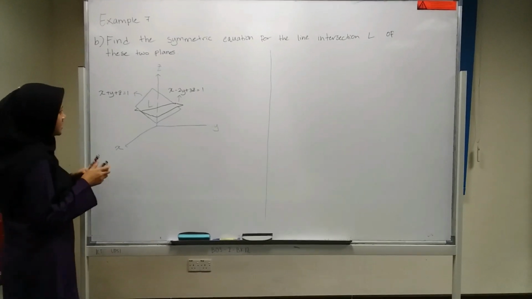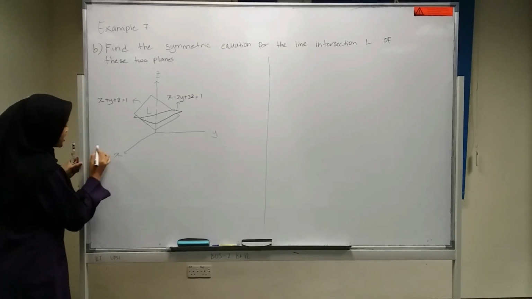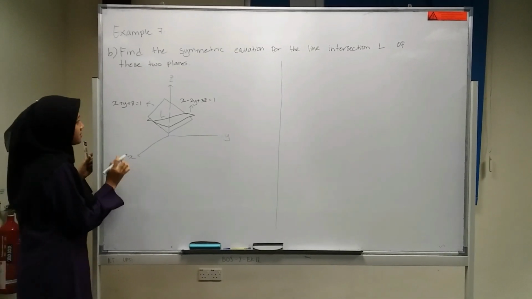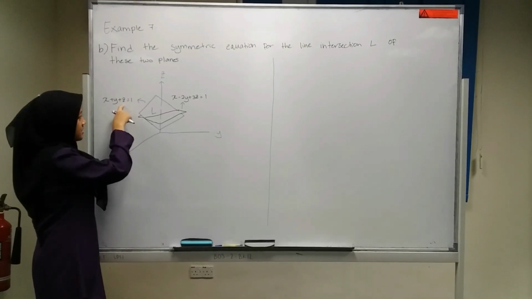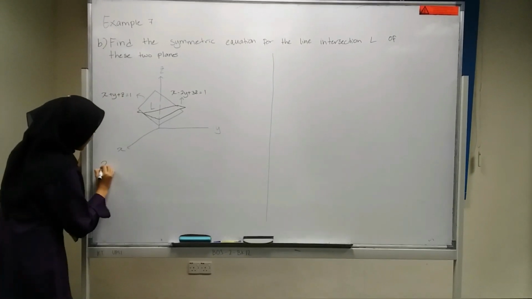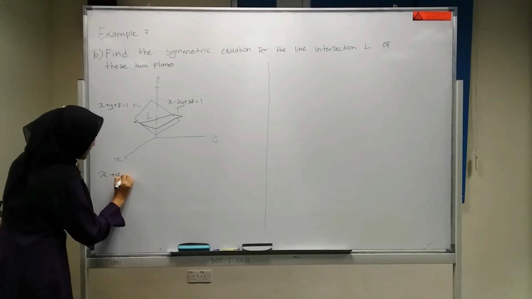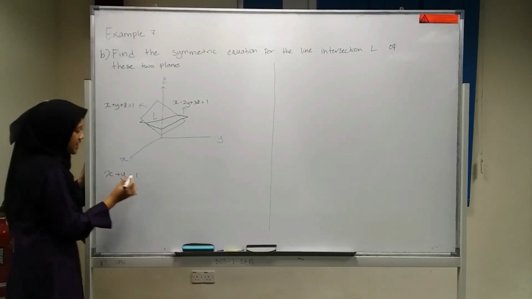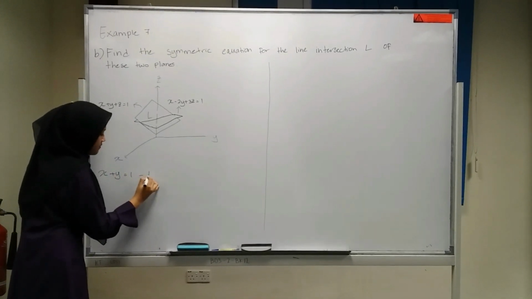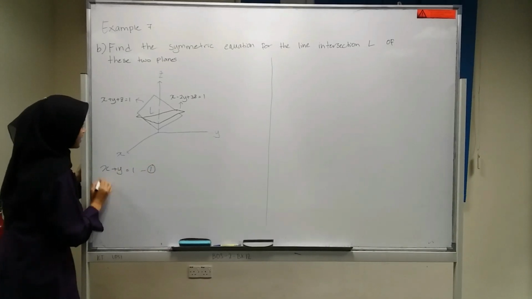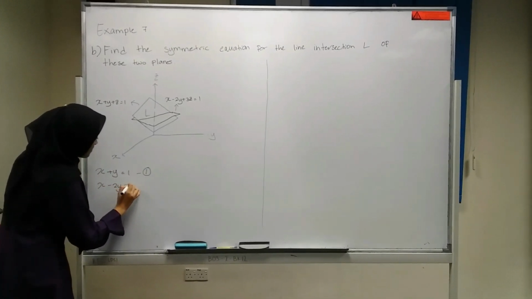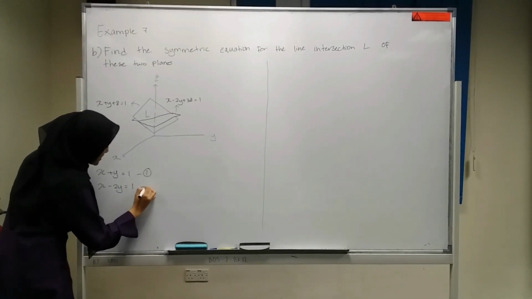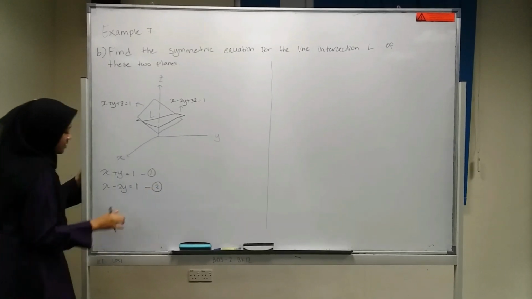Substituting z equal to 0, we get x plus y is equal to 1, which is the first equation, and x minus 2y equal to 1, the second equation.